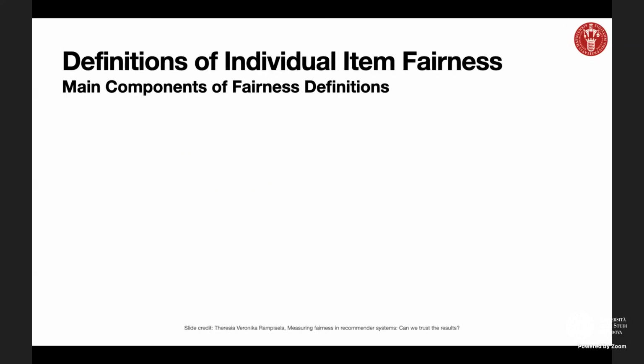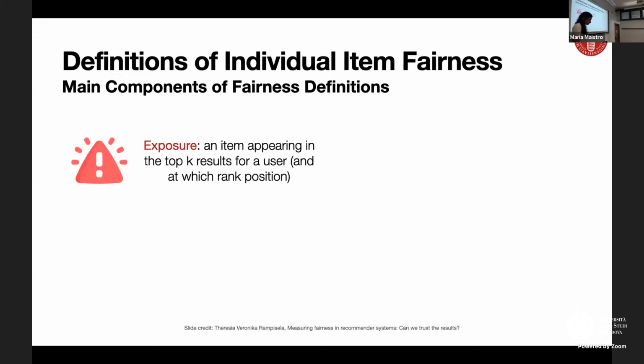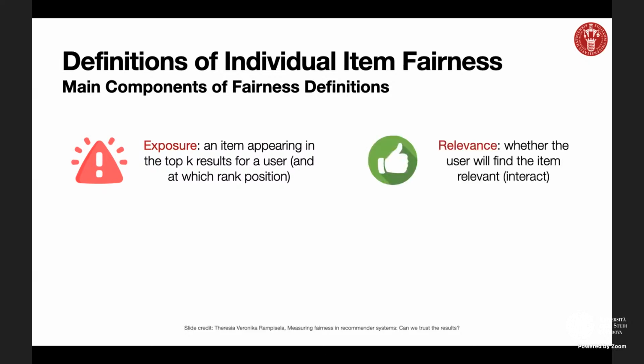So which type of definitions do we have for individual item fairness? Well, they are usually based on exposure. As I said before, this is usually measured in terms of how many times an item or a document appears within the top results, and considers sometimes the rank position, sometimes it's just the top page with a set-based approach.